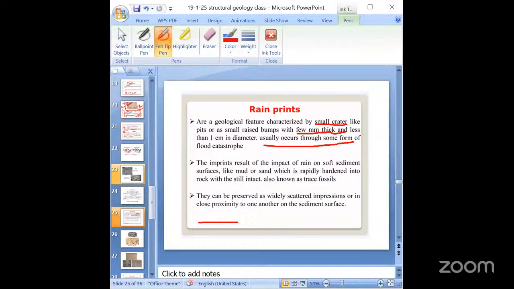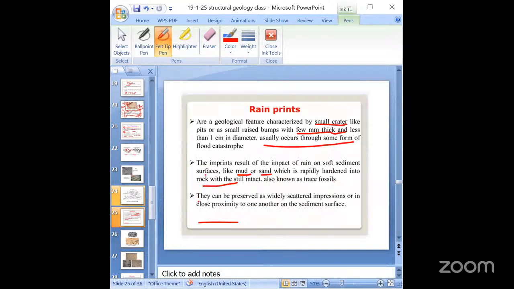The imprint results from the impact of rain on soft sediment surfaces like mud or sand, which is rapidly hardened into rock with the imprint still intact. So this is also known as trace fossils, right?